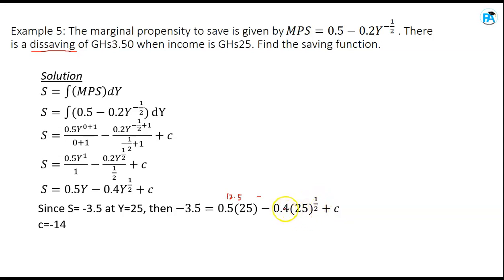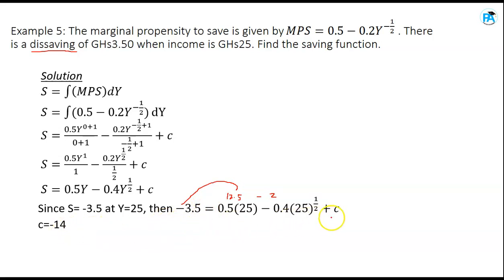So 5 times 0.4 gives you what? It gives you 2, right? So minus 2. So 12.5 minus 2 gives you 10.5, isn't it? So that 10.5, when you group like terms and you move it to this negative 3.5, it becomes negative 10.5. Do you get it? So minus 3.5 minus 10.5 gives you minus 14.